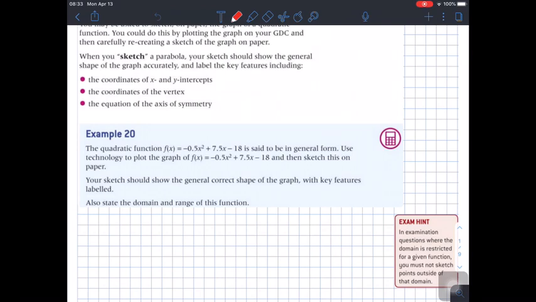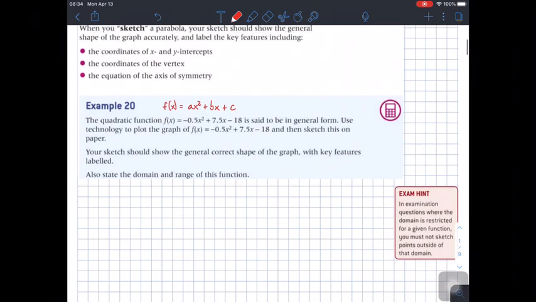It says the quadratic function f of x equals negative 0.5x squared plus 7.5x minus 18 is said to be in general form. You see that? Remember that the general form is written this way: f of x equals ax squared plus bx plus c. We're going to see this also in the class today. So use technology to plot the graph of f of x equals negative 0.5x squared plus 7.5x minus 18, and then sketch this on paper.